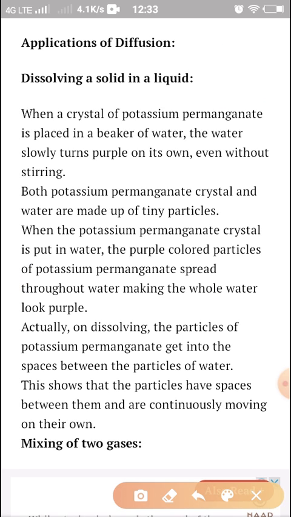So what you have to do is take a beaker and fill it with water, right? Put a droplet of color in the beaker, and comment down what you observe in the beaker.